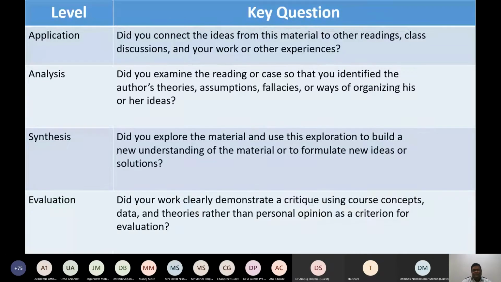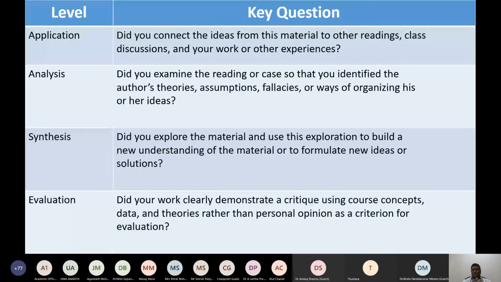Then synthesis: there are different theories that explain human motivation, and whether the student is able to synthesize all the ideas and come out with his own theory of motivation. And finally, whether he is able to criticize, evaluate or assess each model after weighing the pros and cons of the theoretical models. So these are the higher order learning levels.